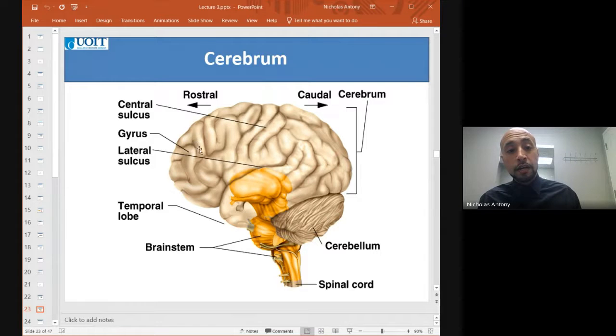Sulci are the indentations, and gyri are the folds. So landmarking in neuroanatomy is understanding all of the different folds, and the folds divide up the brain into different components. Here we have the cerebellum, and then within it would be the brainstem.